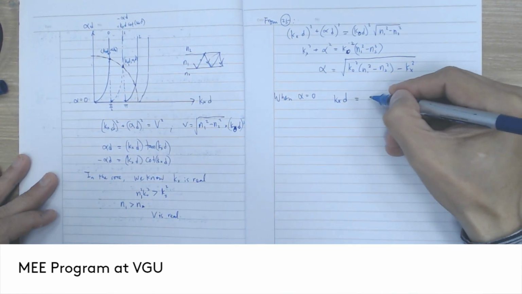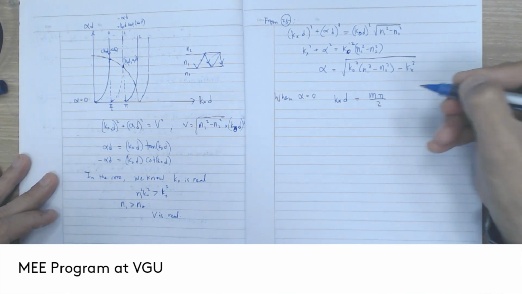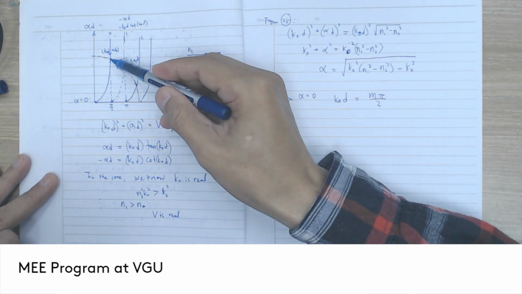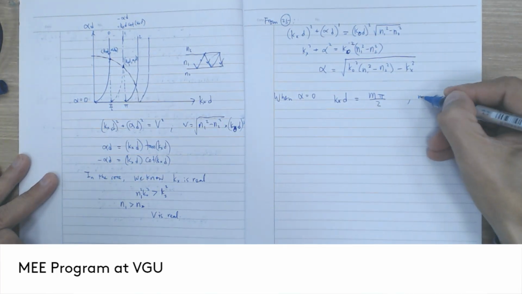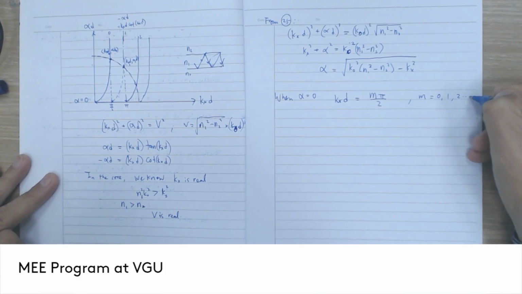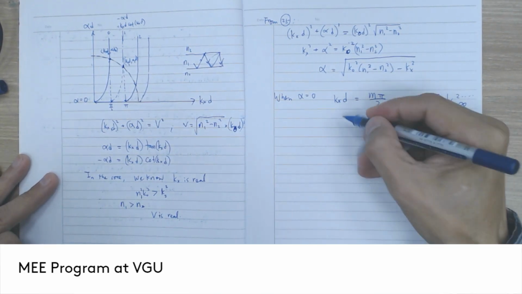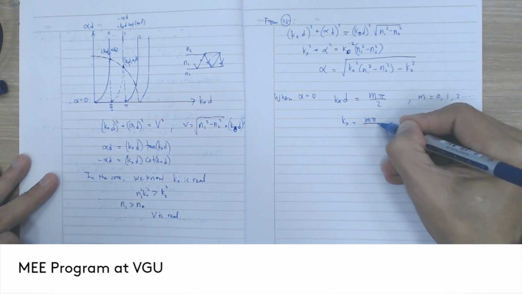The multiple of half pi may be written as m pi over 2. If you don't want the value to be 0, then that's fine, right? But here, m can be 0, 1, 2, until infinity. So in this case, kx is equal to m pi over 2d.